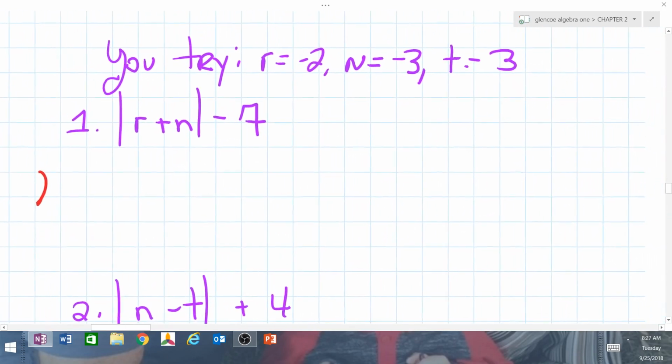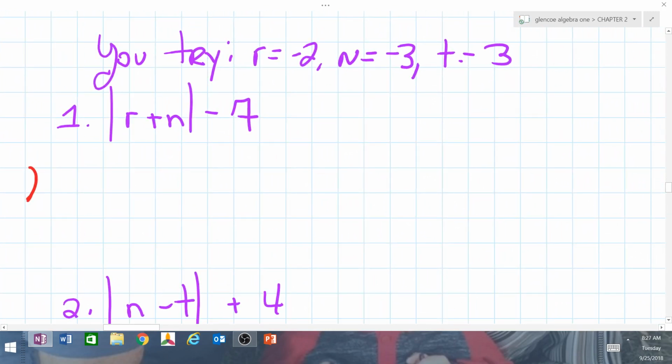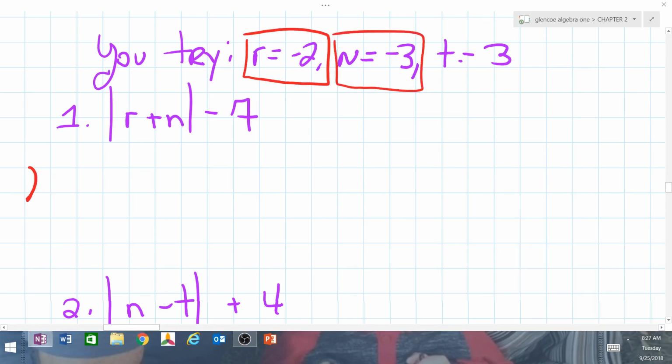This says the absolute value of r plus n, minus 7. Now, r equals negative 2, and n equals negative 3. Y'all have that? That is in your notes on page 7, so you can feel free to work it right there if you'd like. I'm going to go ahead and freeze the screen.